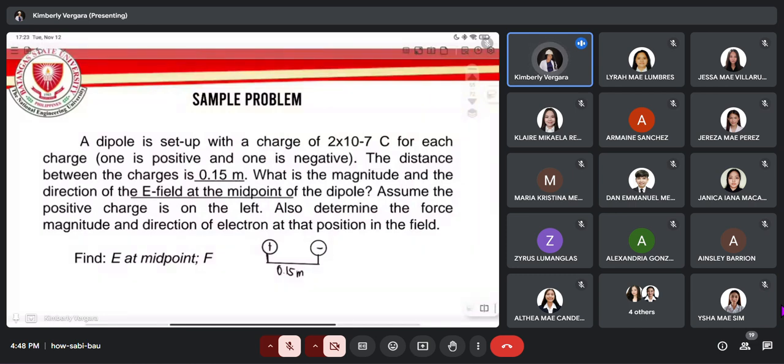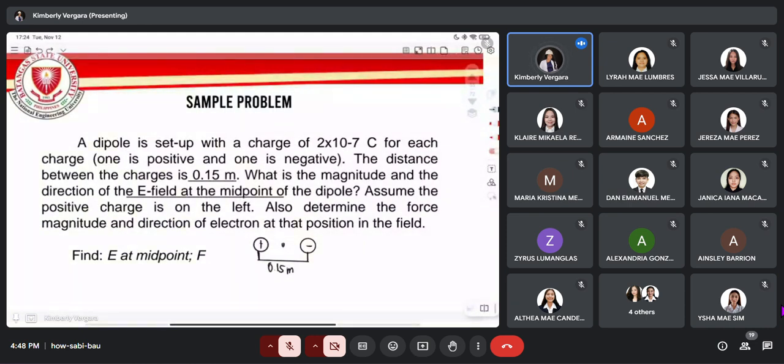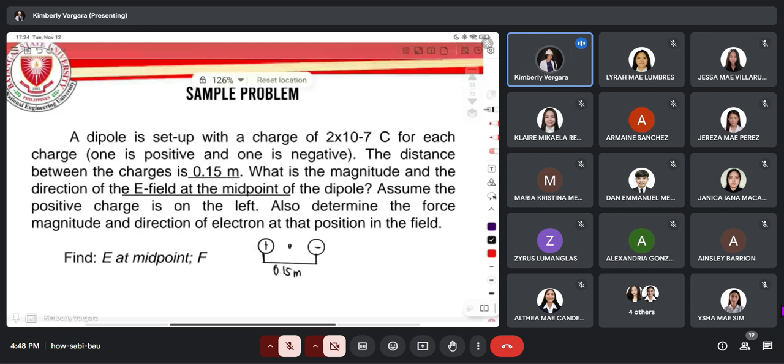Ano daw yung electric field at this point sa gitna? Dahil midpoint, so this is 0.15 over 2, and same with this one, 0.15 meters over 2. Ibig sabihin po niyan, ano po yung electric field from the positive and also the electric field from the negative?